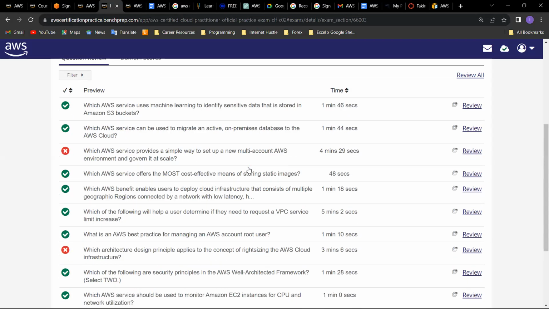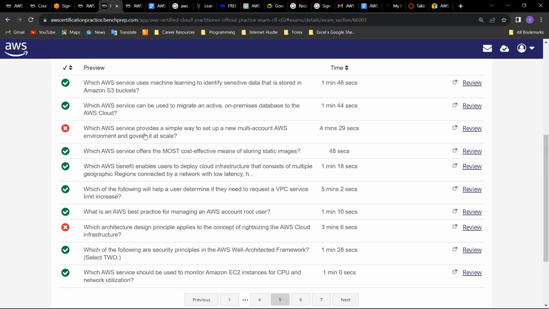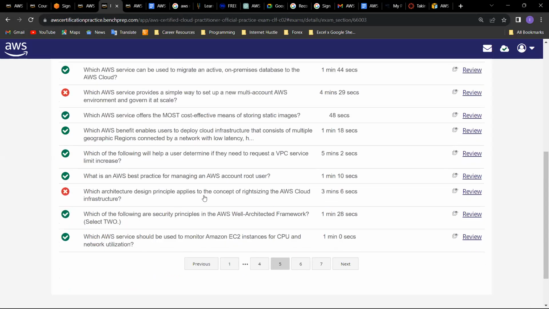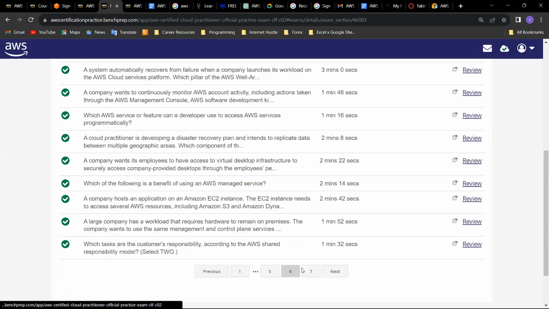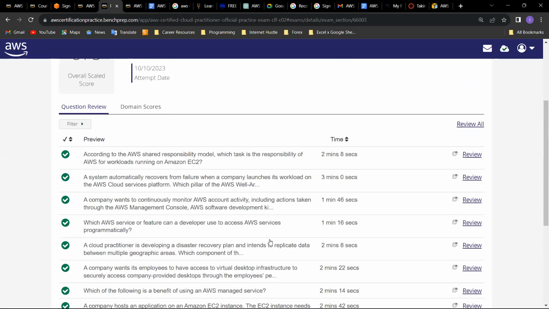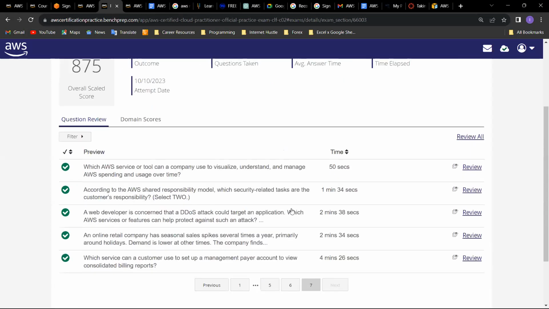The simple way to set up a multi-account, right? Control Tower. Yeah, similar. And the principle of right sizing applies to the cost optimization design principles. We looked at that, and then there were other correct ones that we also looked at.